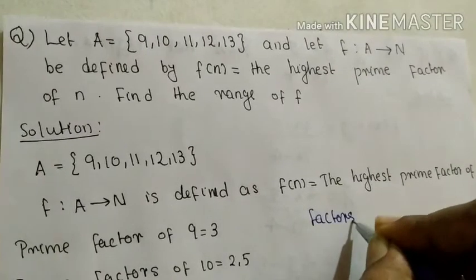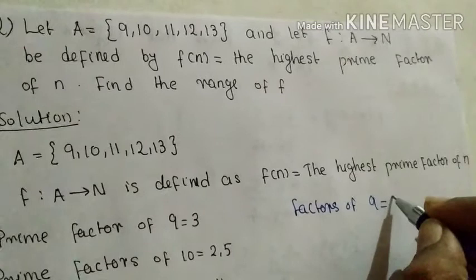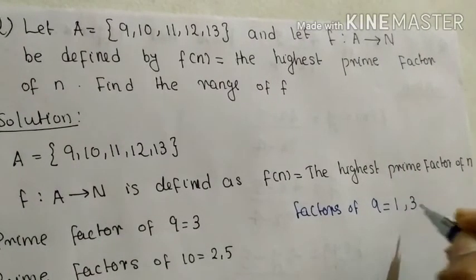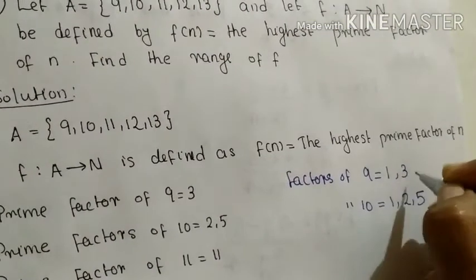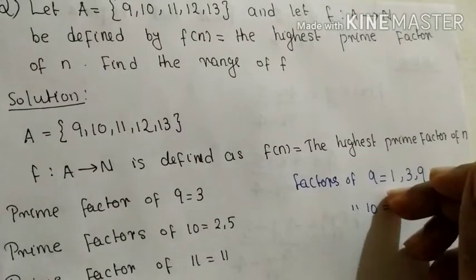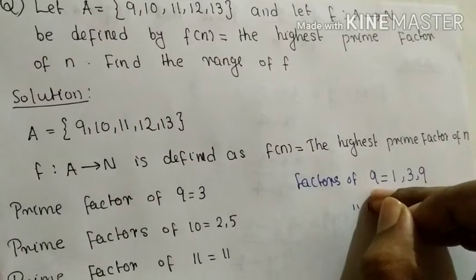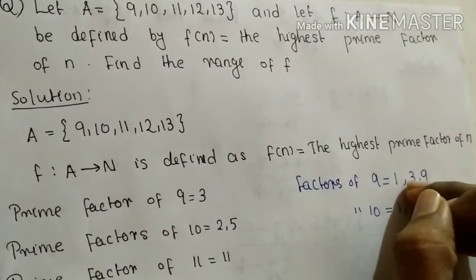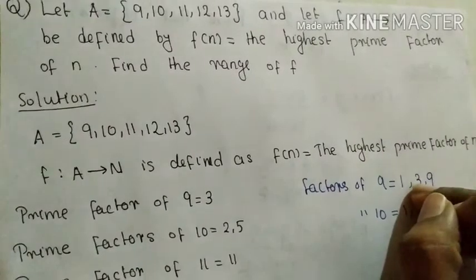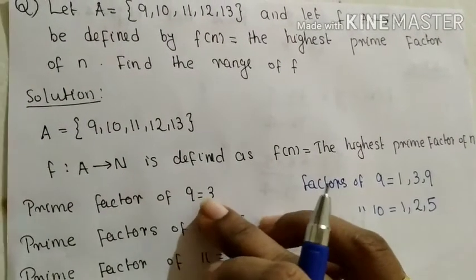The factors of 9 are 1, 3 and 9. Next we need to find the prime numbers among the factors of 9, that is 3 only. The prime factor of 9 is 3.